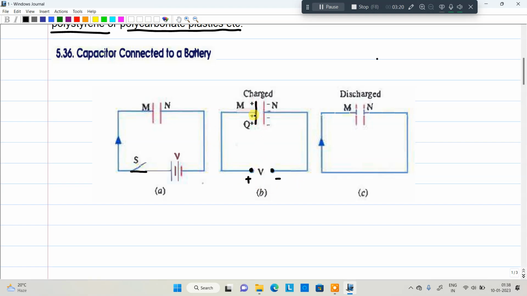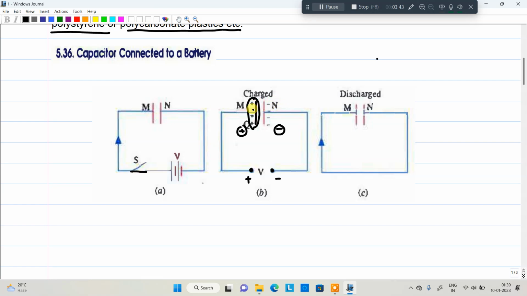Due to the positive supply connected here, it tries to attract the negative charges, that means electrons, towards this particular plate. Similarly, the negative terminal is connected here, and it tries to attract the positive ions, that is holes, towards the negative plate.